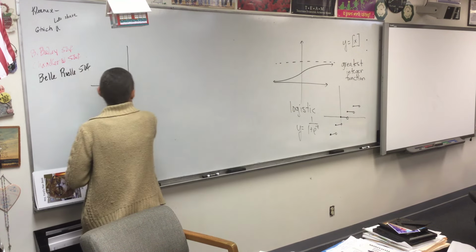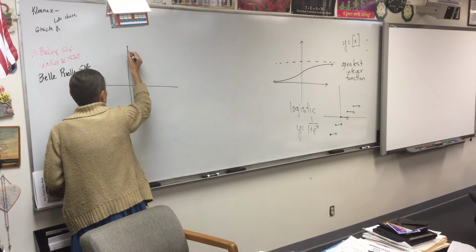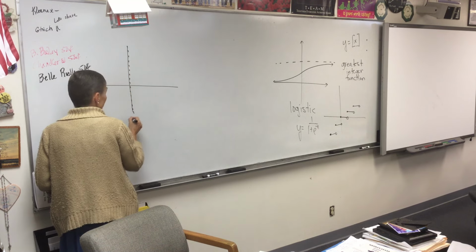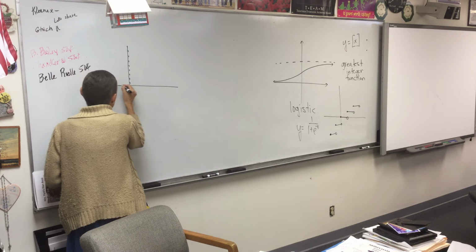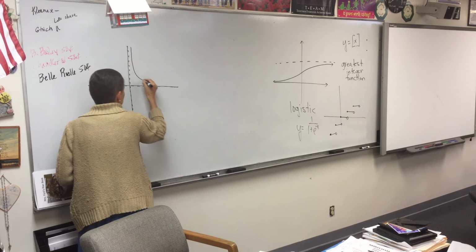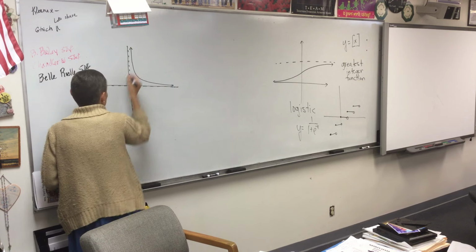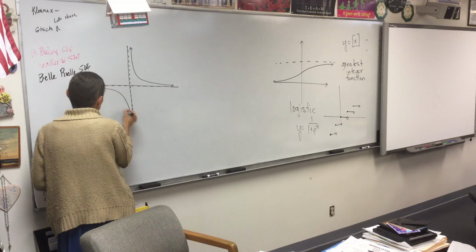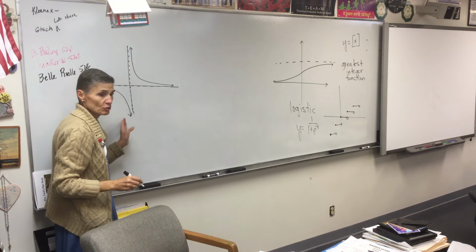And then we've got, I'm putting a dashed line down my y-axis and a dashed line down my x-axis. Those are asymptotes for this next curve. It looks like this. So that's the picture you're going to draw.